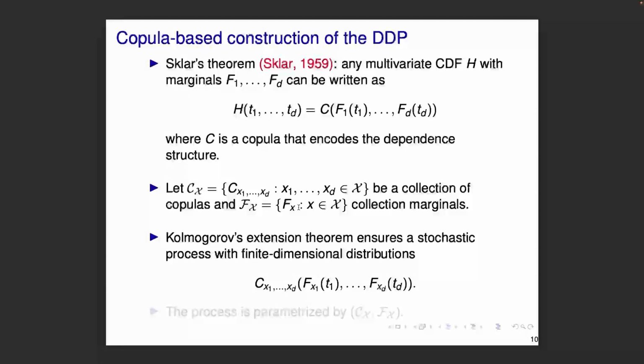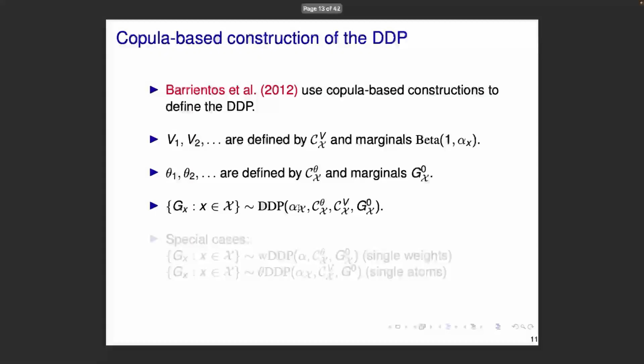Here we can think that the induced process is parameterized by the collection of copulas and the collection of these marginals. So in this paper, years ago, we took advantage of that to characterize the finite-dimensional distributions of the V processes through this collection of copulas.